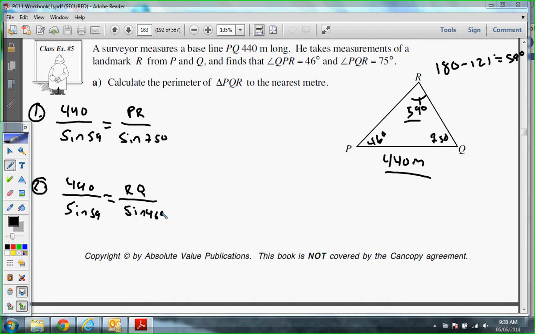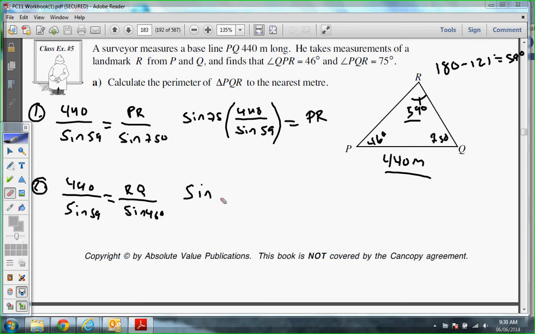Okay, and then solving, we're going to go sine 75 times 440 over sine 59 equals PR. Kind of doing both at the same time here. Sine 46 times 440 over sine 59 equals RQ.